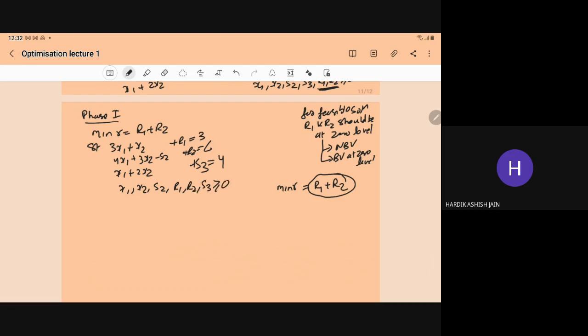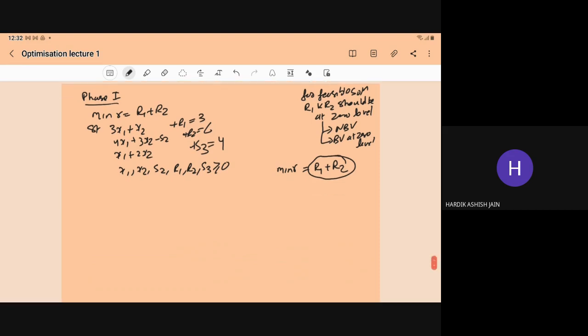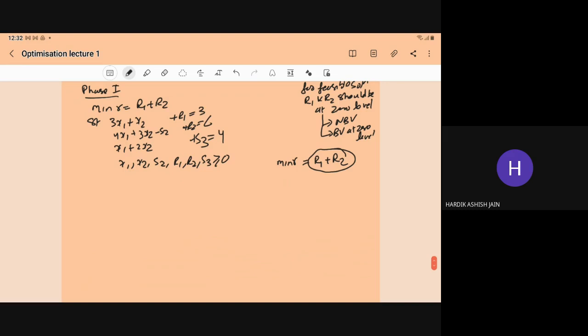Now this is the linear program in standard form for phase one.